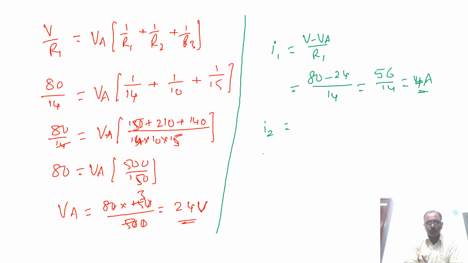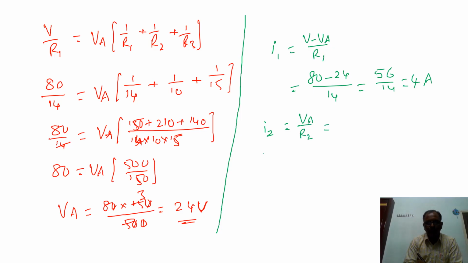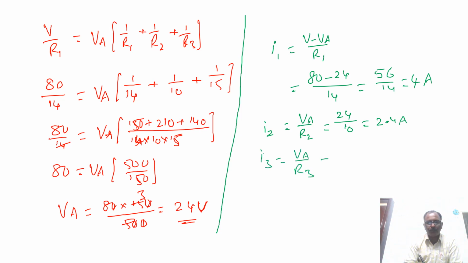Next, I2 equals VA by R2. VA is 24 and R2 is 10, so it is 2.4 amps, and I3 equals VA by R3, that is 24 by 15, so it is 1.6 amps. So in this way we can calculate currents in each branch. Thank you.